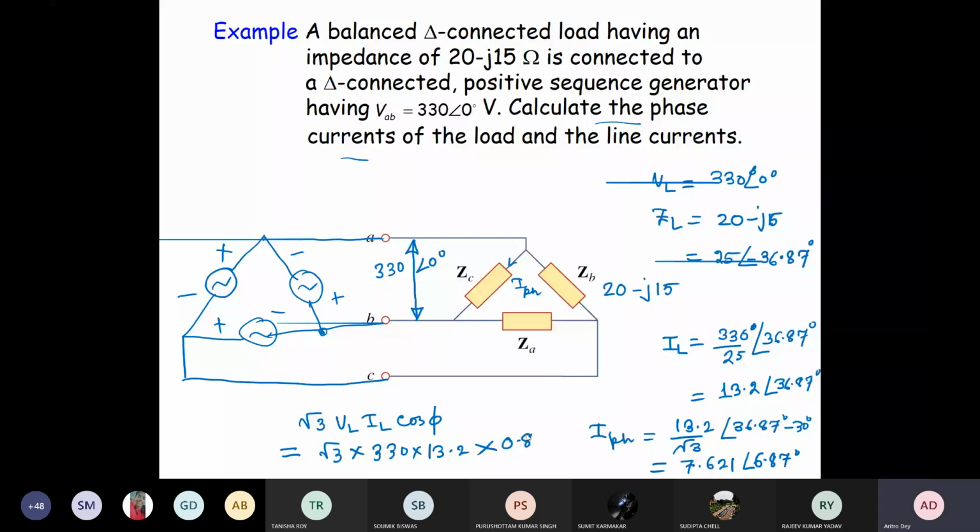So your final answer you can get as root 3 into 330 into 13.2 into 0.8, right? So it is 6.035 kilowatt. Okay, that is the power requirement of the load.